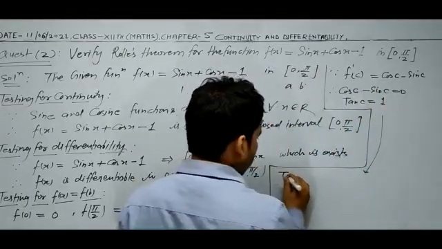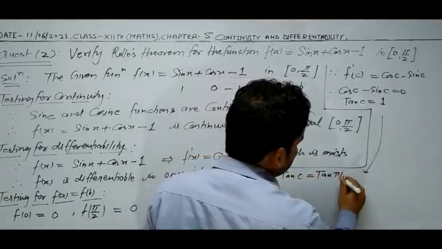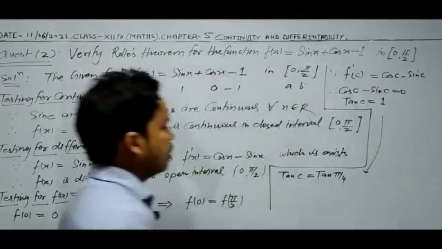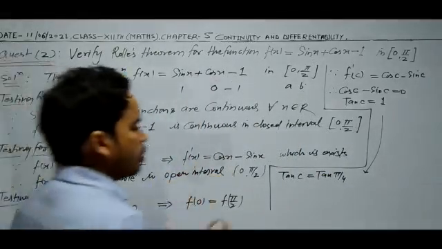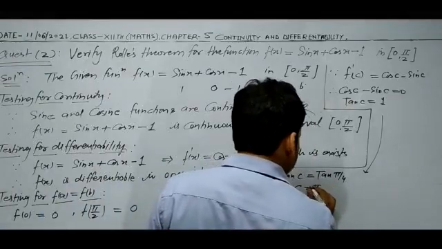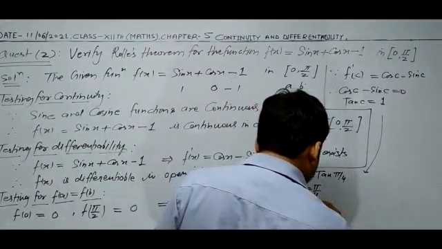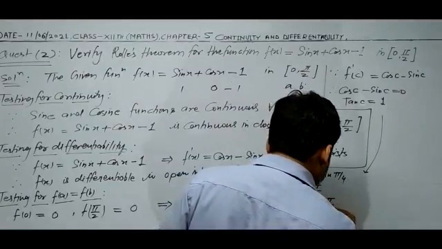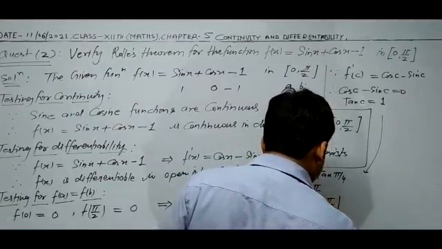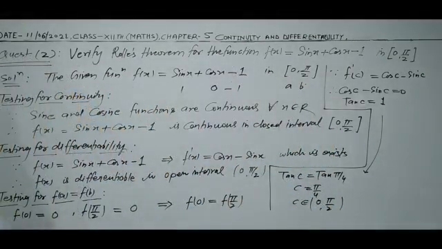So tan c is equal to tan pi by 4, and c is equal to pi by 4. Therefore c belongs to 0 to pi by 2 in open interval.